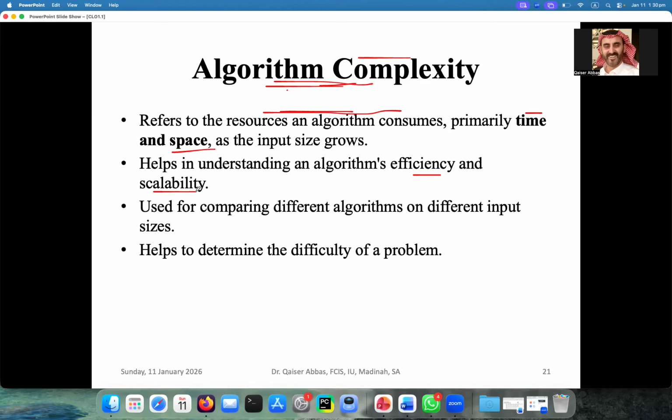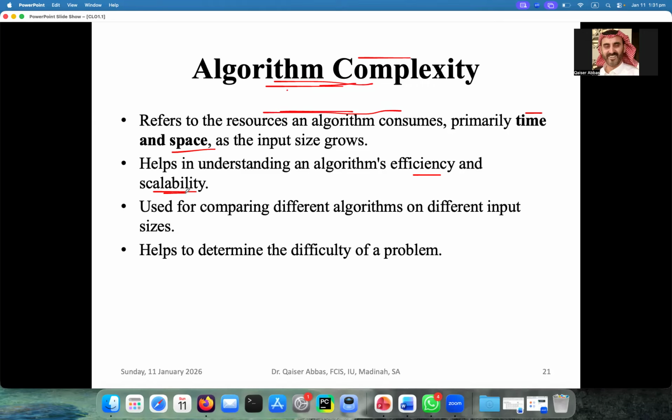Efficiency is a word normally used for the time complexity of the algorithm, but it depends on the context. Sometimes you can also include space complexity within efficiency, but mostly it is used for time complexity. The other word is scalability.